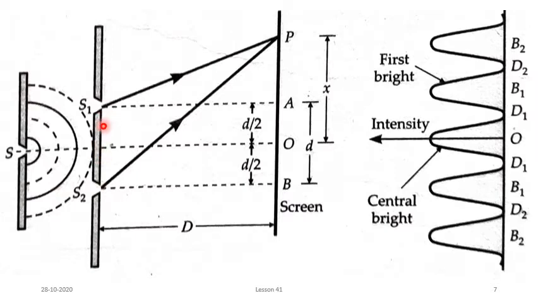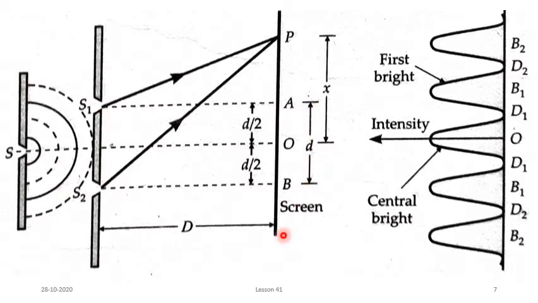So S1 and S2 are narrow slits which are at equal distance from your source S. Now since they are derived from the same parent source S, therefore S1 and S2 are two coherent sources which are separated by a small distance, and we will denote this distance as small d.